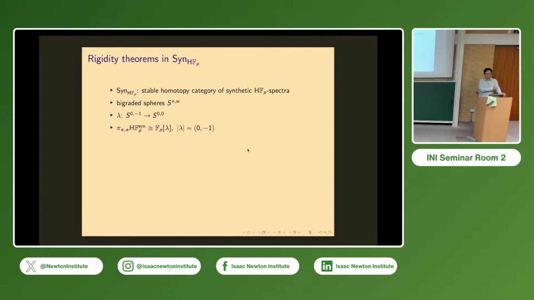And the homology of a point is Fp adjoining lambda as a one-generator polynomial algebra. And there's also a deformation picture. So this time, if we invert lambda, then we get back to the classical stable homotopy category. But when we mod out by lambda, since it's based over HFp, this is the derived category of the classical comodules over the Steenrod algebra. So it's something also well known.